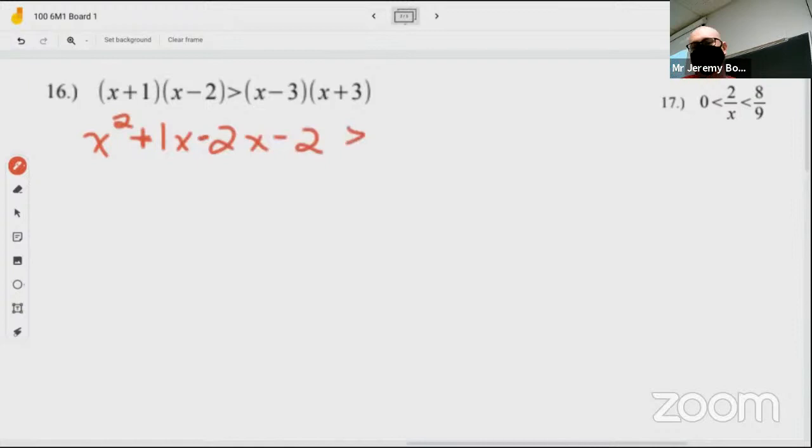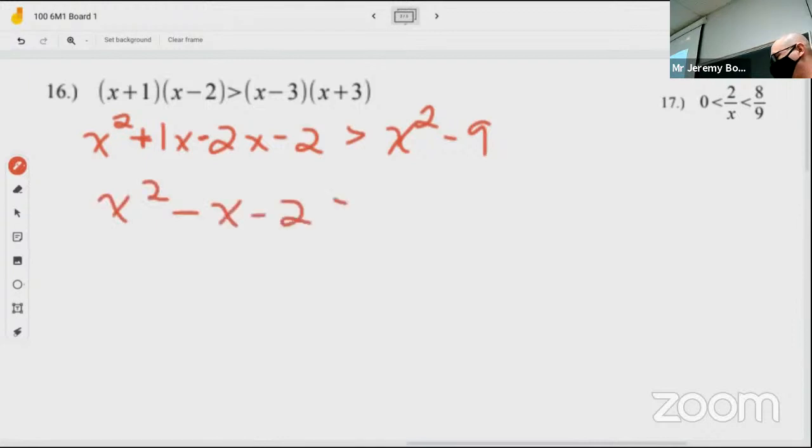On the right-hand side, you can see it's x minus 3 times x plus 3, so you're going to end up with x squared minus 9. Because your two middle terms would be negative 3x, positive 3x. Those will cancel out. So let's combine what we got on the left-hand side. x squared minus x minus 2 is greater than x squared minus 9.